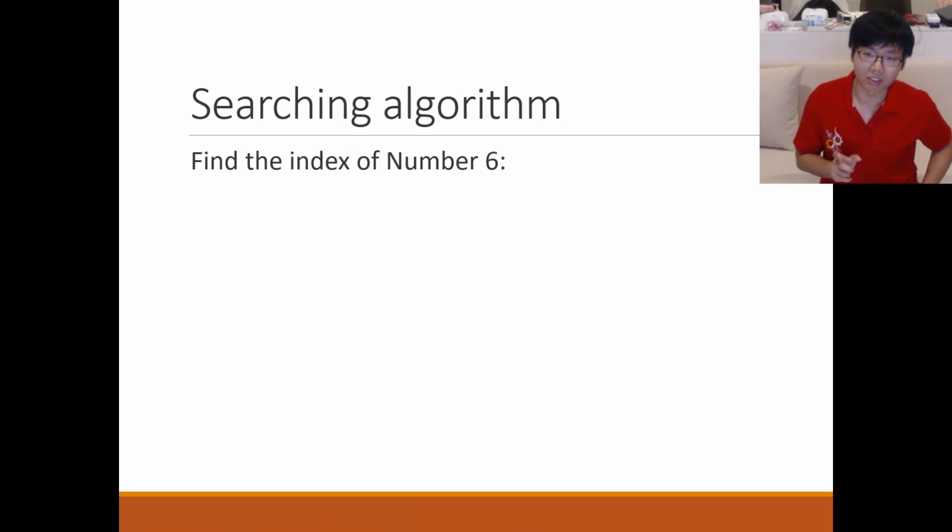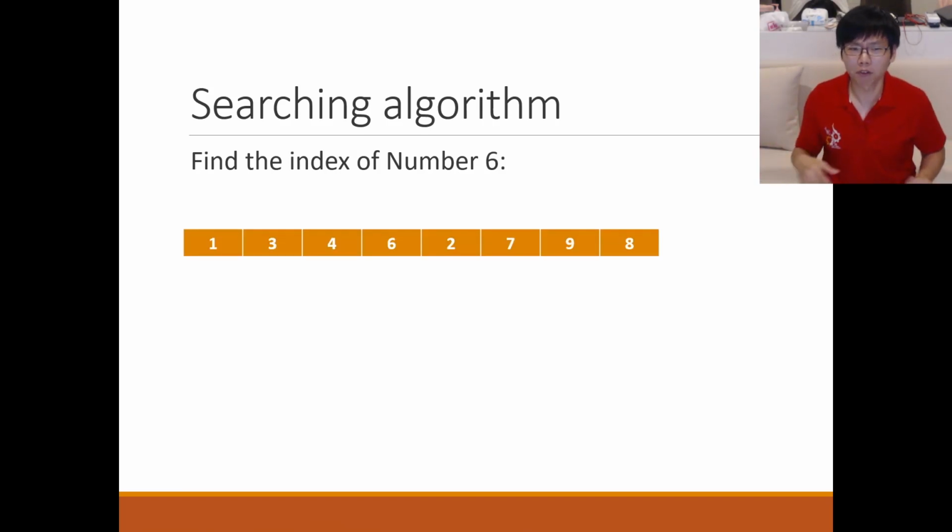So thinking about this, if I ask you to find the number 6 in a random data structure, what are you going to do? For example, the first array that we have has some random numbers in random order inside, like in these images.